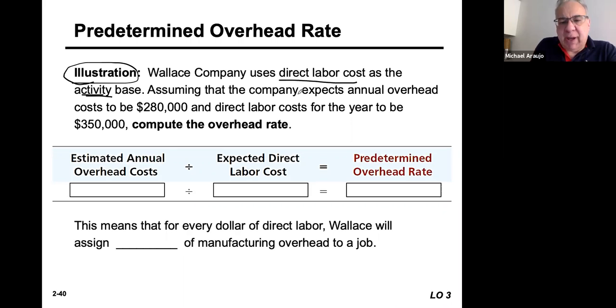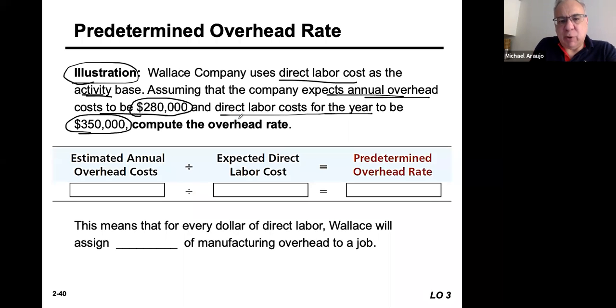They're assuming that the annual overhead costs for this year will be $280,000. That's the overhead costs for the year. And direct labor costs for that year are expected to be $350,000.